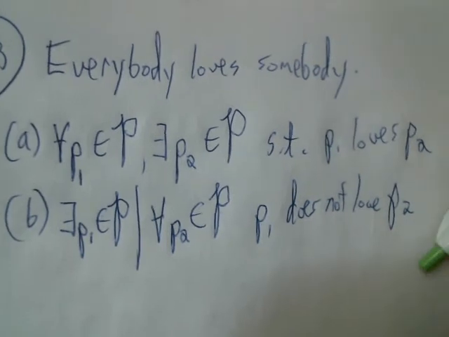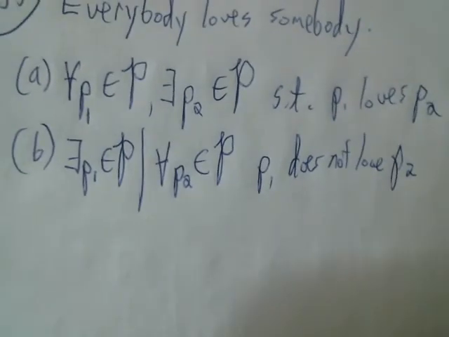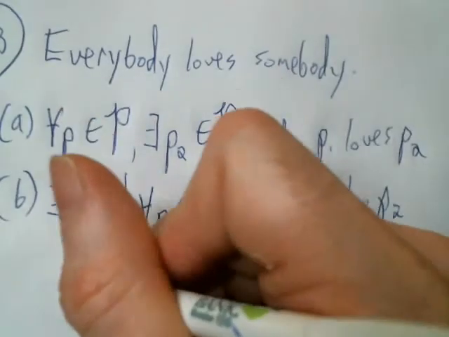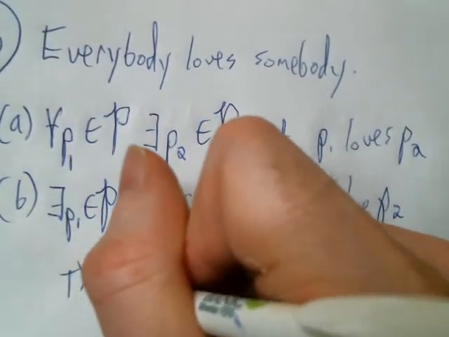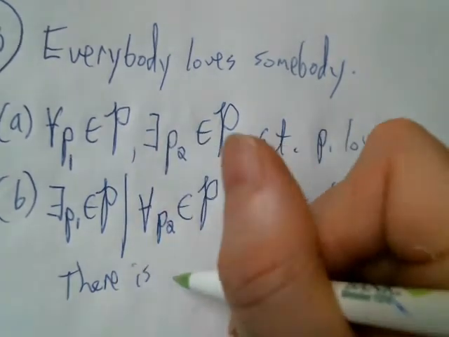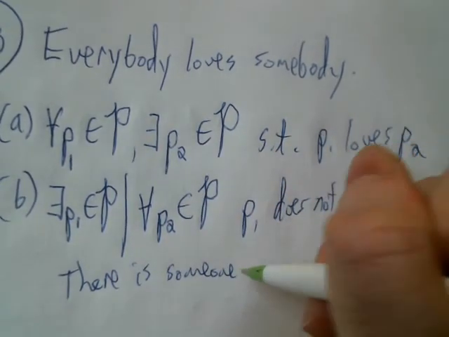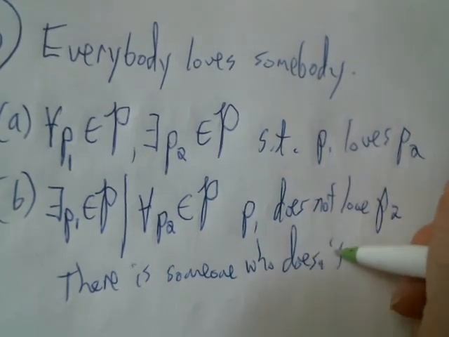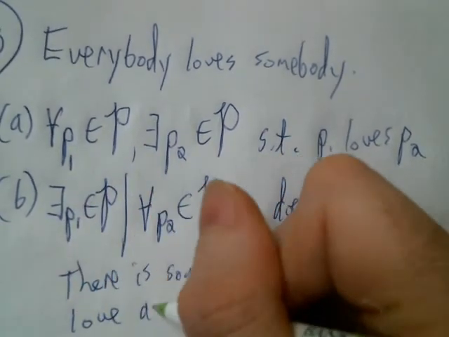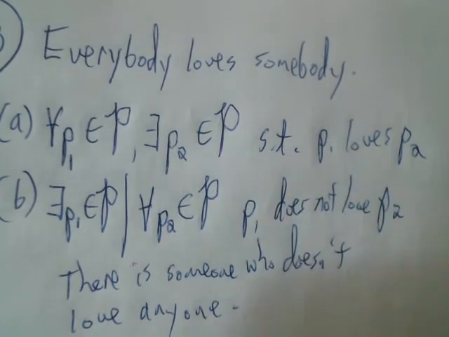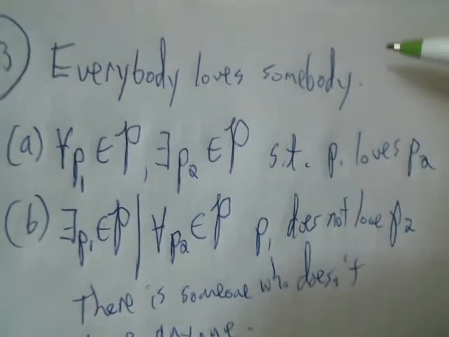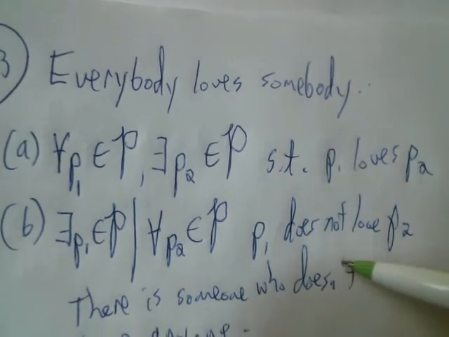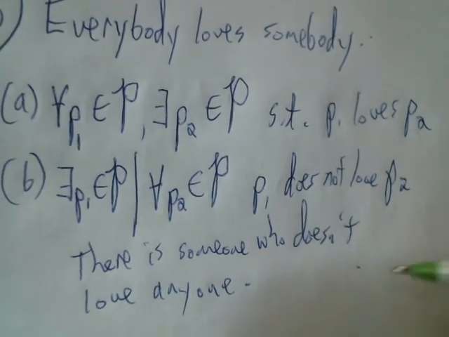So there exists at least one person that pretty much doesn't like anybody. All right, so there is someone who doesn't love anyone. It's kind of funny. This is a good Valentine's Day card. This, not so much.